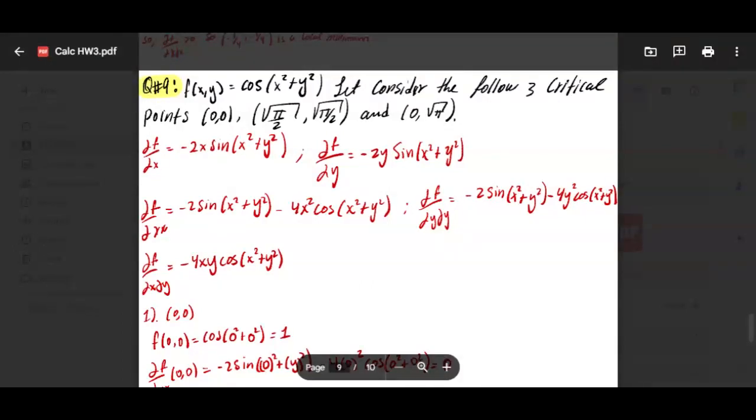Hold on one second. So let me see. I cannot mark this. There's no partial f over partial xx. It's the partial squared f, the second derivative. Partial squared f over partial x squared.